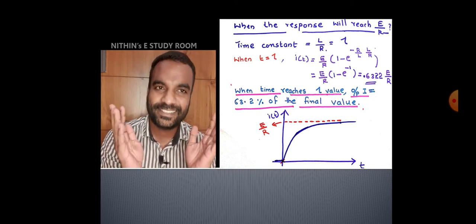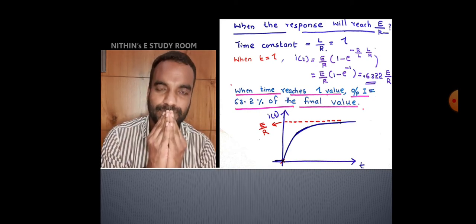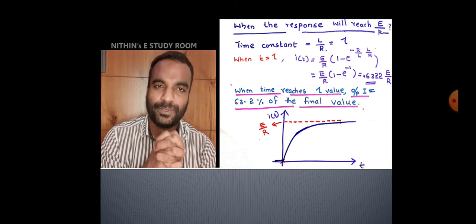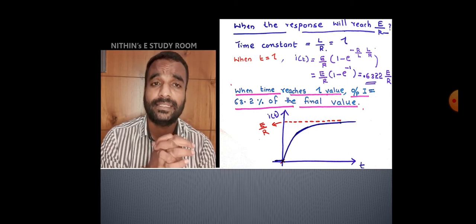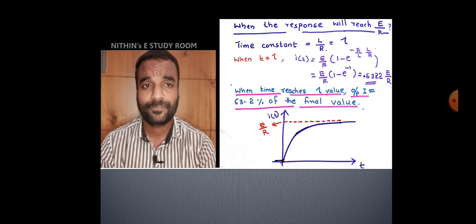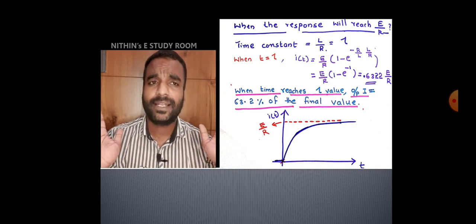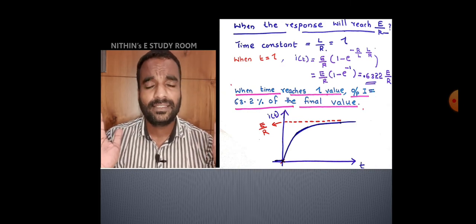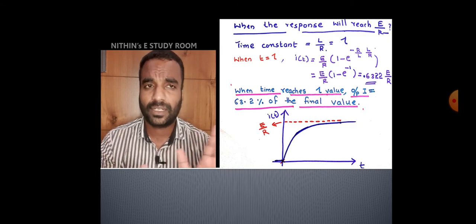So what is the thing you understood? In such a circuit, if you are assuming t is equal to 1 time constant, or t is equal to tau, or t is equal to L by R, whatever the L by R value may be, you will get some particular value for tau, that's understood.